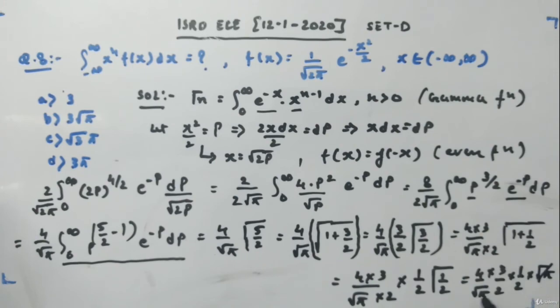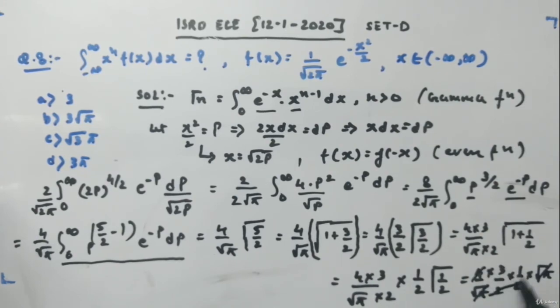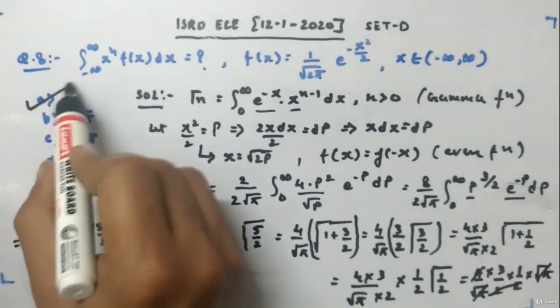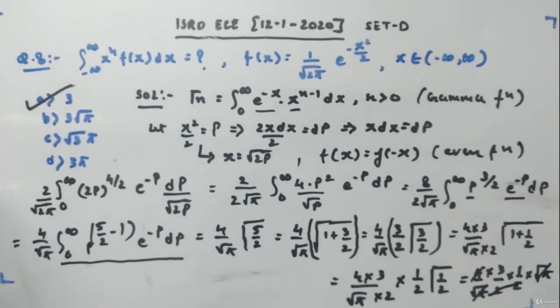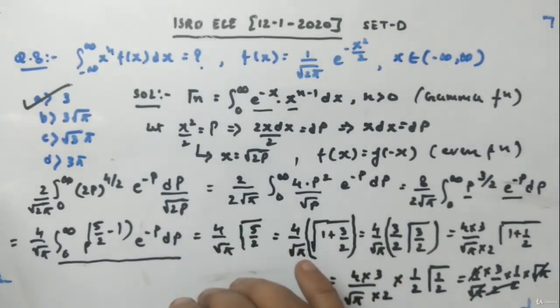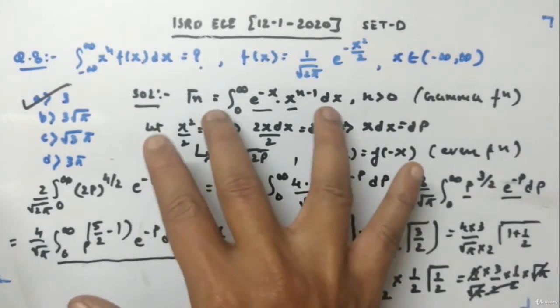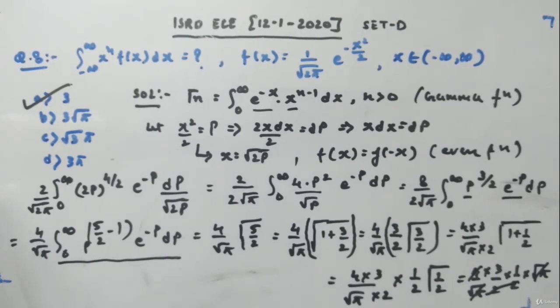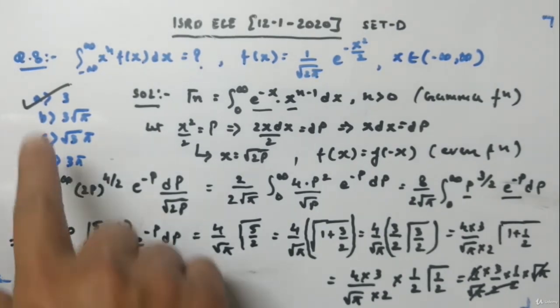Now root pi gets cancelled, 2 into 2 cancels with 4, and 3 into 1, so the answer will be 3. I hope this is clear to you how I have used the gamma function. It's a bit tricky, but you should know how to use the gamma function, and only then will it be possible. So A is the answer.